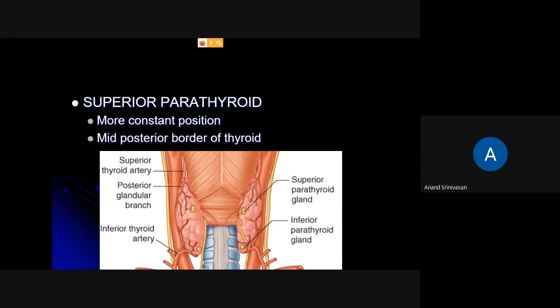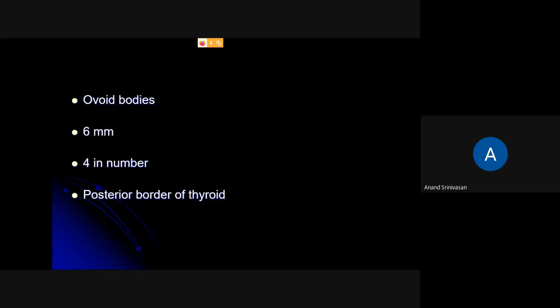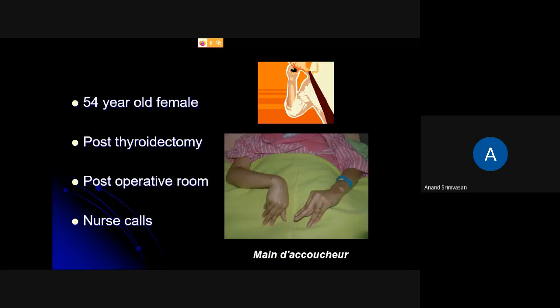Hypo means less, calcemia means calcium. When they go into hypocalcemia, they develop this symptom. When the doctor sees this symptom, they need to check the calcium levels and then give calcium.